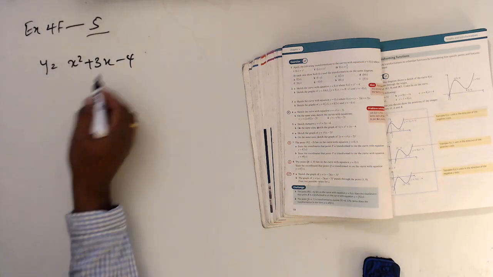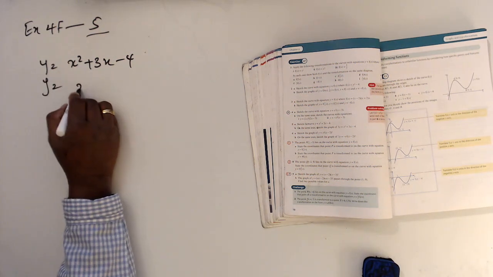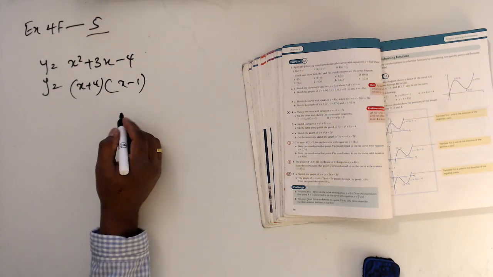Question number 5. y equals x squared plus 3x minus 4. So this is going to be (x plus 4)(x minus 1).